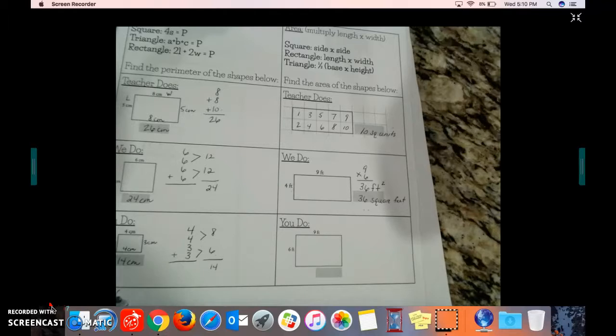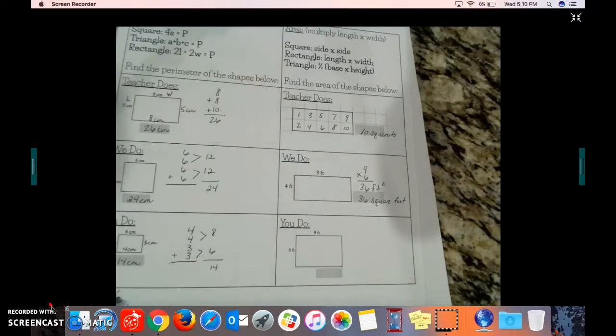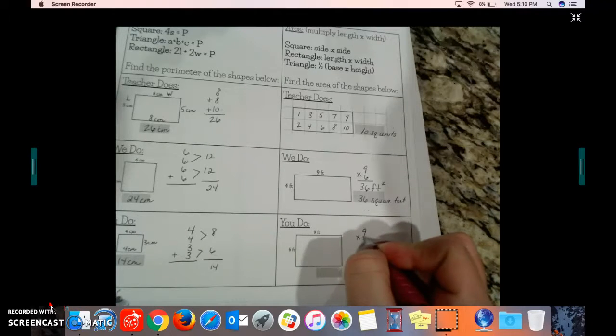For our last object, I'm going to give you about 30 seconds or so because I think you're going to be able to quickly identify that that's a rectangle. And if it's a rectangle, we're going to go up above and we're going to use our formula for a rectangle. So I'm looking right here, rectangle, length times width. So I have one simple math problem to do. 9 times 6.